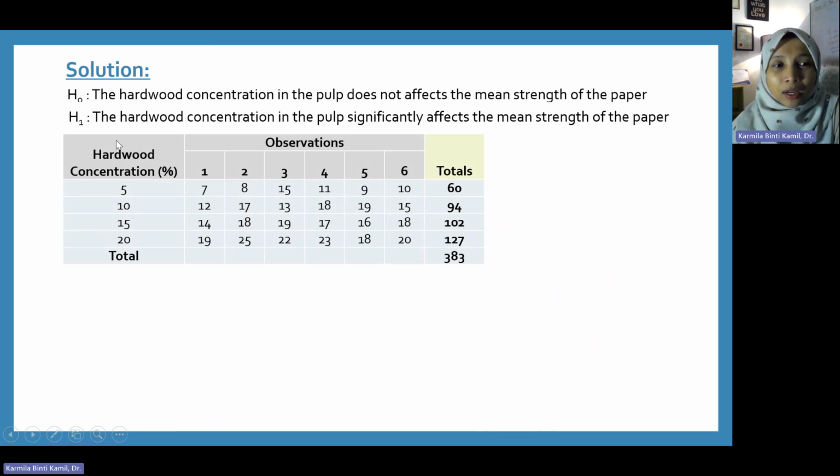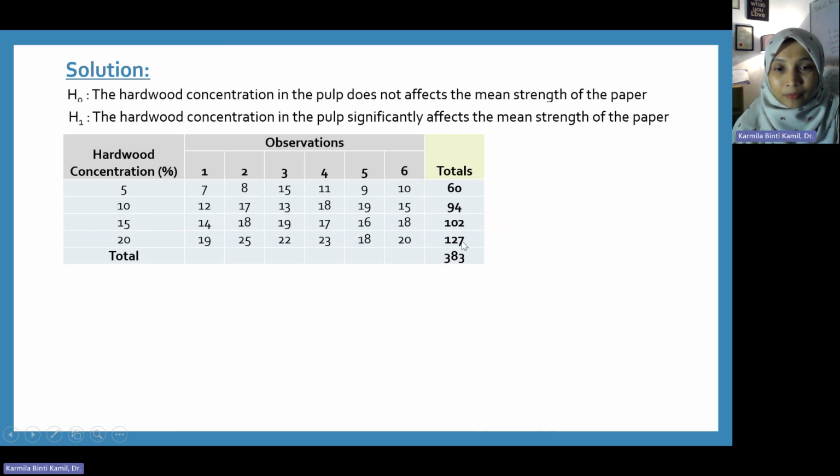Originally we have the observation data and the levels of the hardwood concentration. What we need to do is add one more column to find the totals of our observations for each level, and then find the summation of the totals.